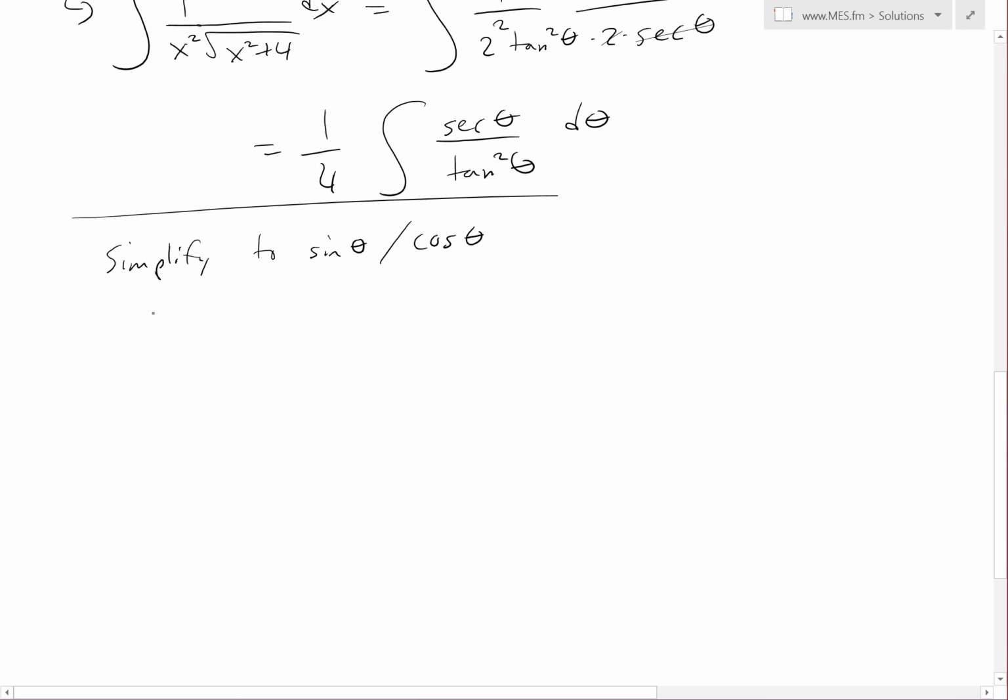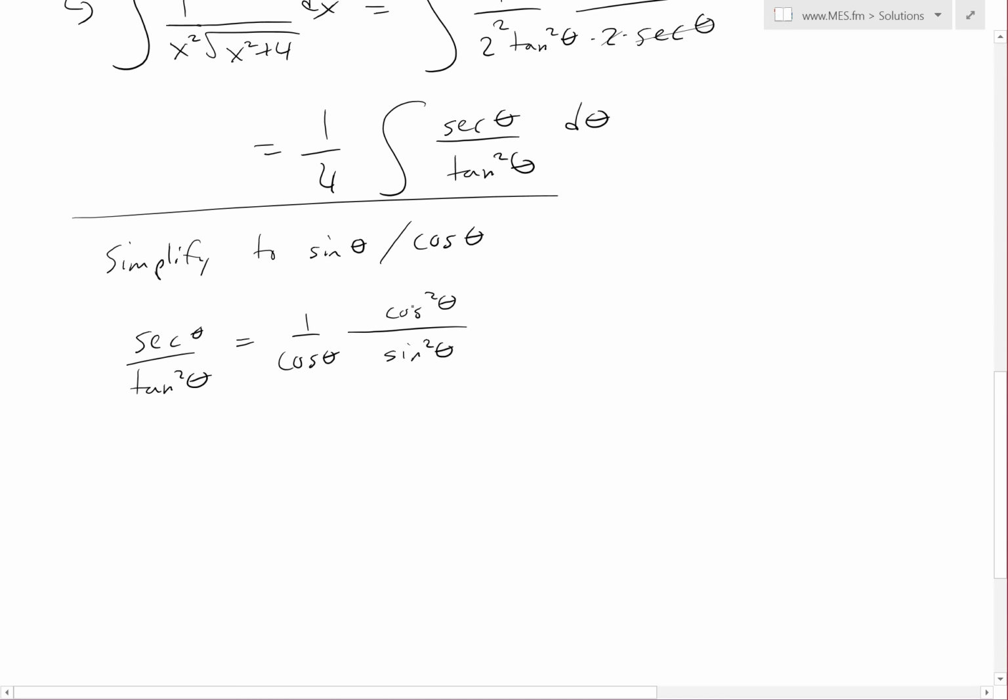So what we could do is rewrite secant theta over tan squared theta as, well, secant is just 1 over cosine theta. Tan squared equals sine squared theta over cosine squared theta.